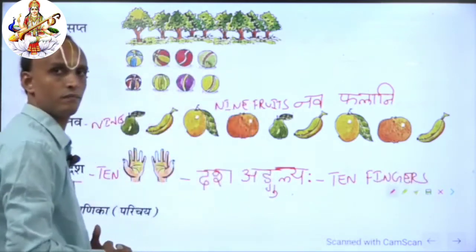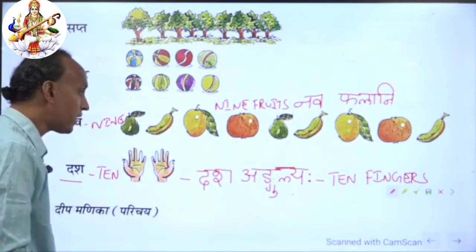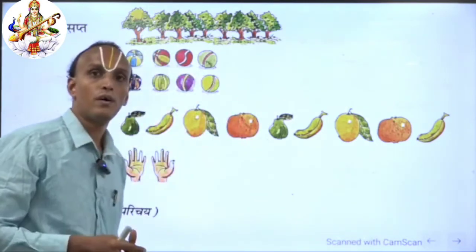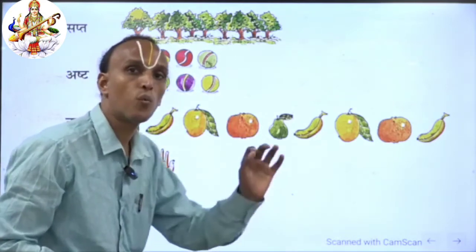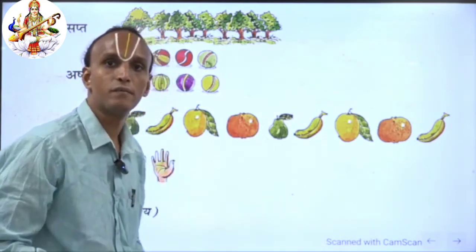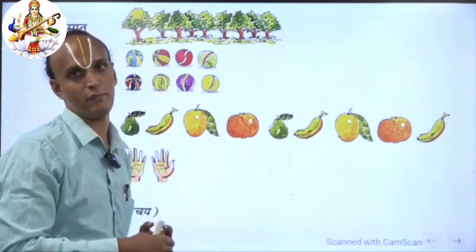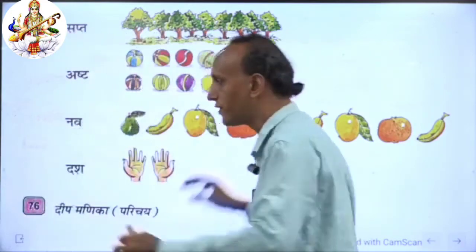Okay, children? So, listen. Now, we saw 1 to 10 in Sanskrit. I say the numbers again, you repeat after me. Okay, children? Listen here.